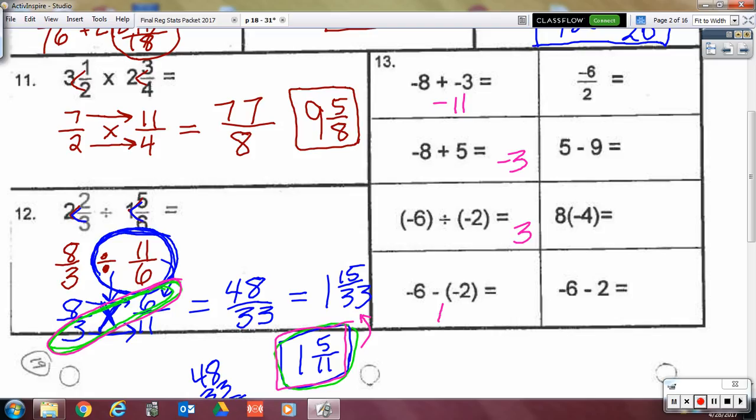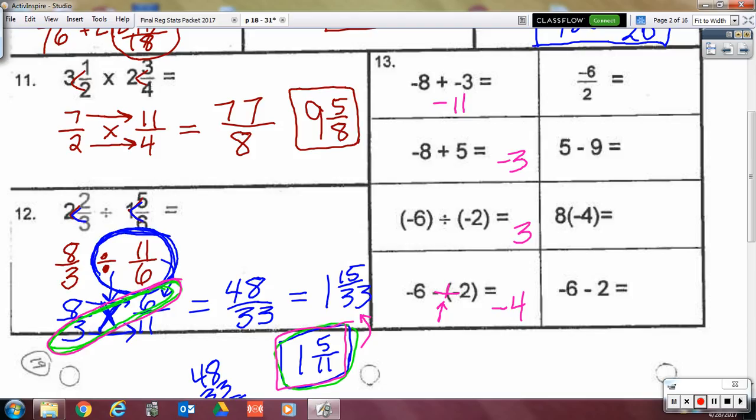Now, what are you going to do right here where I have minus and negative? Some people go make your 2 marks. The way I make 2 marks is that way. But some people go plus plus. So however you make your marks to simplify that, do it. And so -6 plus 2 is -4.